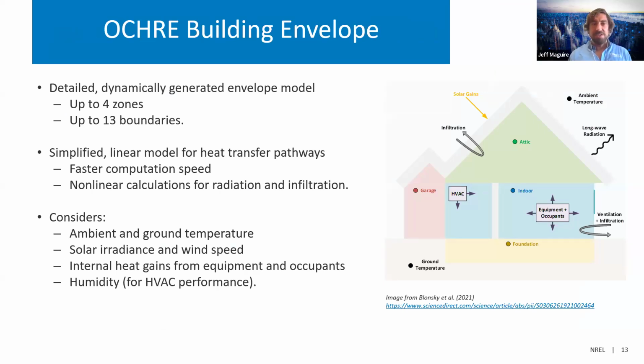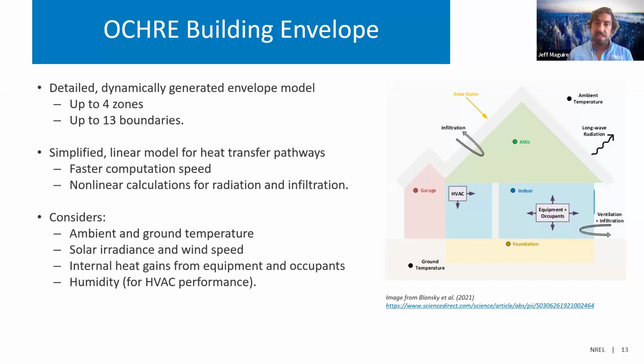So I'll be talking more about specifics and some of the physics about how all these models work. One of the unique, interesting things about OCHRE is it's a fully white box physics-based model when we're trying to determine energy consumption. So for the building envelope, we can dynamically generate an RC envelope model to account for different unconditioned spaces, like an unconditioned attic, a crawl space or basement, an attached garage.